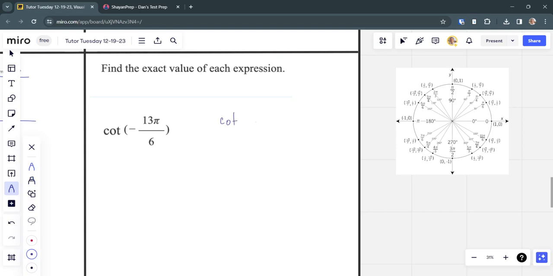So cotangent of x is equal to 1 divided by tangent of x, from my understanding. I believe that's correct. So using this, we can kind of use this to our advantage.